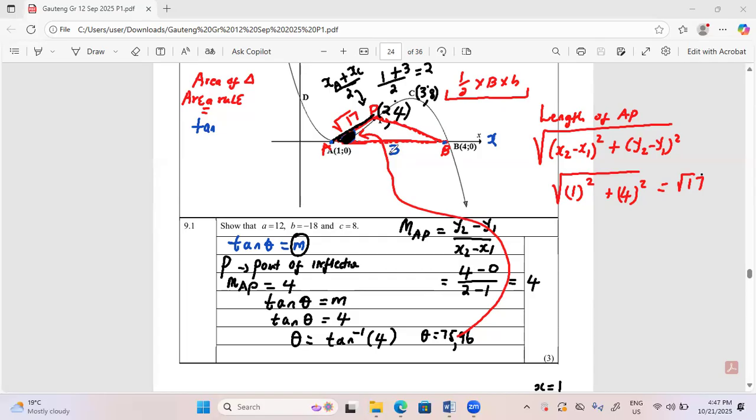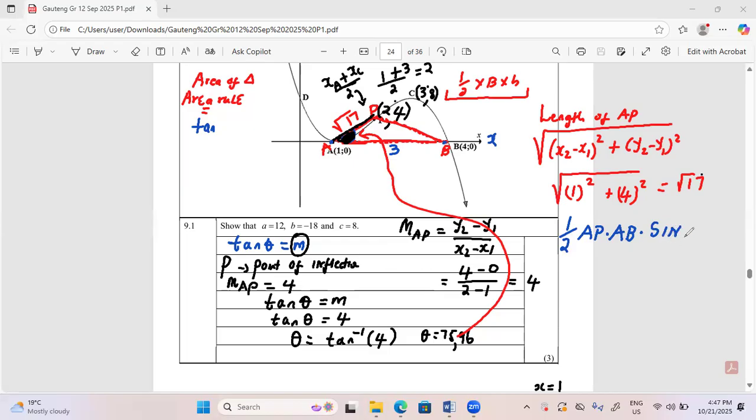Now we are able to calculate the area of this triangle APB because we have got the included angle and 2 sides. You use the area rule. You say half of side AP times side AB, times the sine of the included angle.